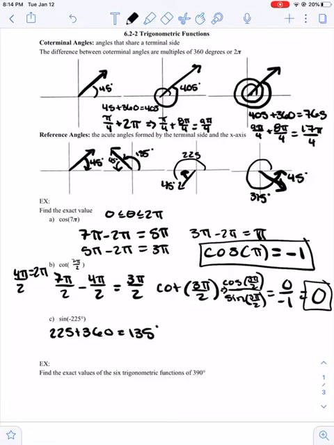And remember, 2 pi is 360 degrees. So 135 is between 0 and 2 pi. And so now we just need to figure out what is the sine of 135 degrees. And if we go look at our unit circle, that equals √2 over 2.